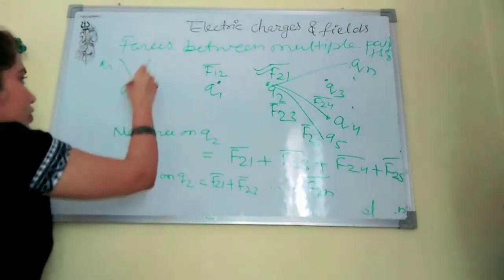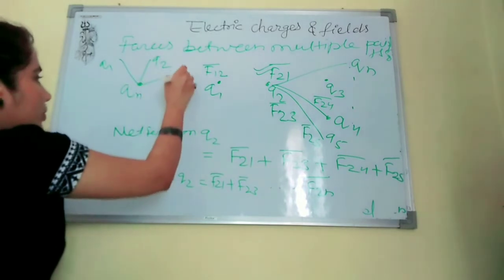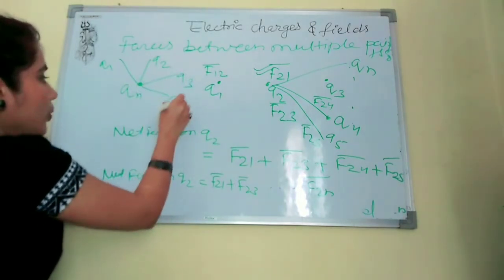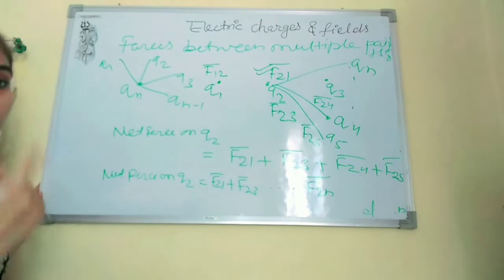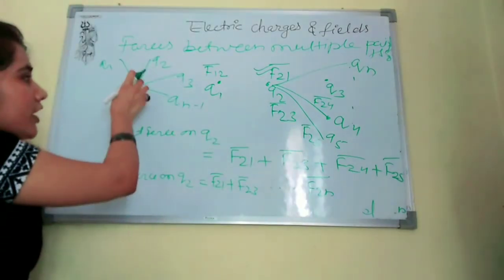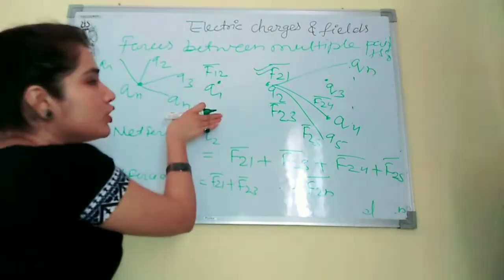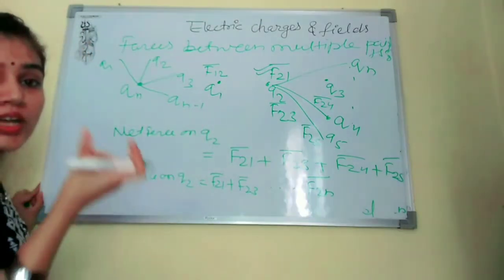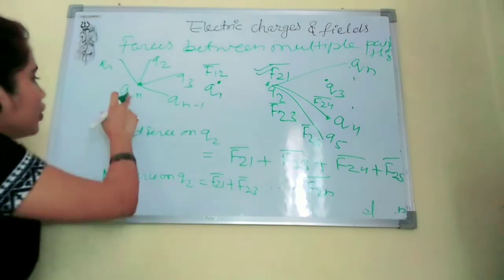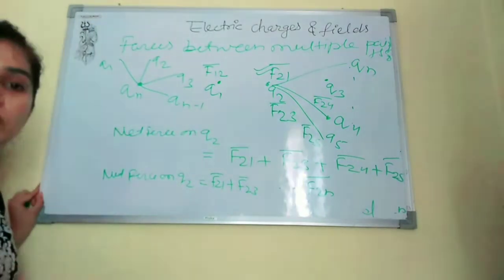Suppose Q1, Q2, Q3 up to Qn minus 1. Not Qn, because we are finding the force on Qn. So the last charge which is going to apply force on Qn will be Qn minus 1.